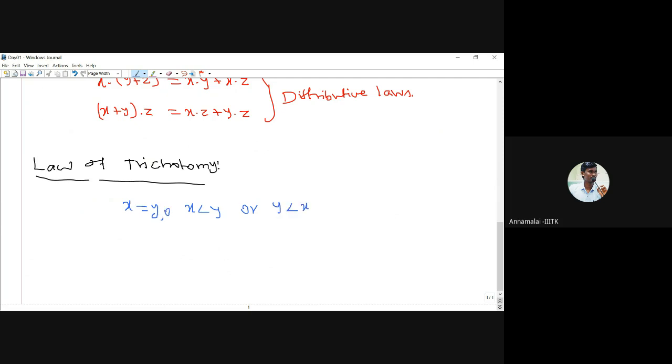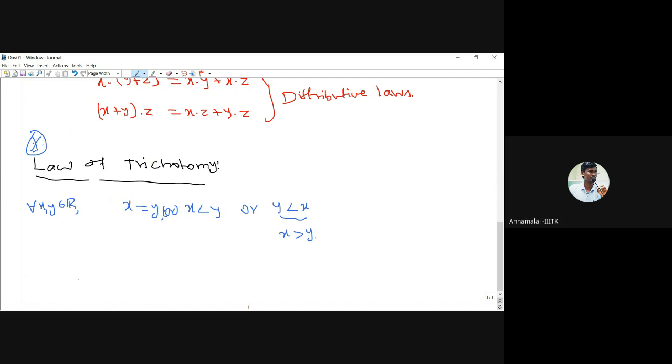If we take any two real numbers x, y in R, one of these must hold. It's a very important property, the law of trichotomy. The same notation we can write like this, x greater than y. Using less than or greater than, we can equally write it.